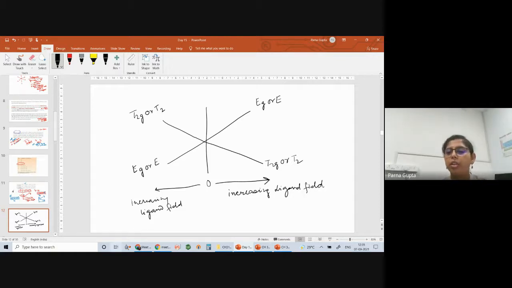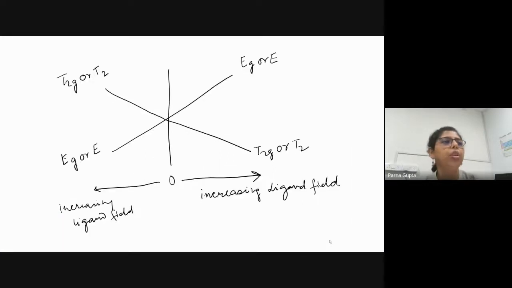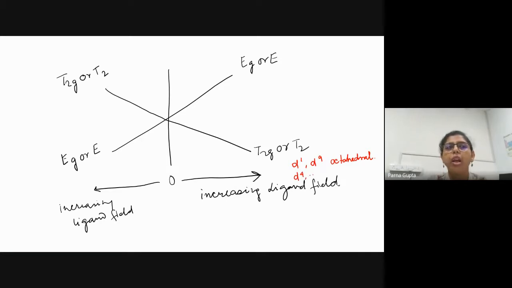Then I need to put the d1 system, d2 system. So here it is d1, d9 octahedral. You can do it, no problem. And then d4 and d6 tetrahedral.